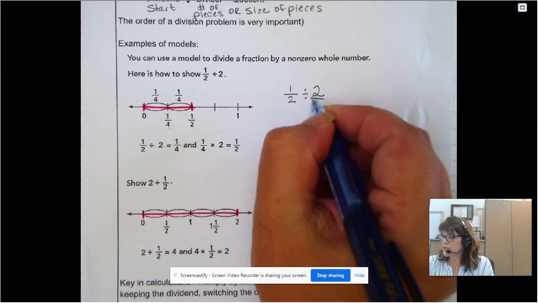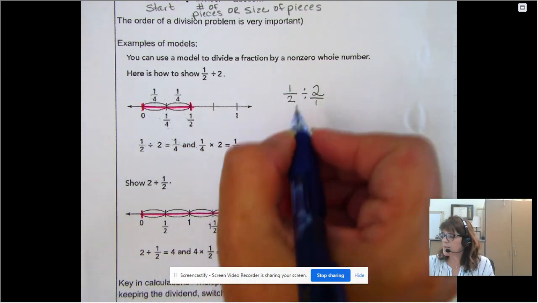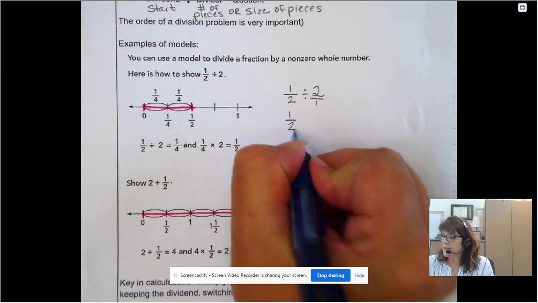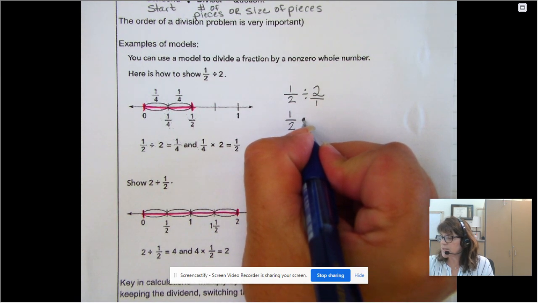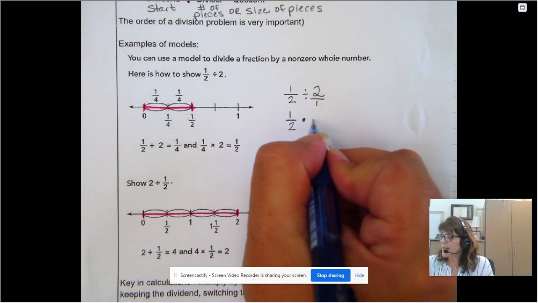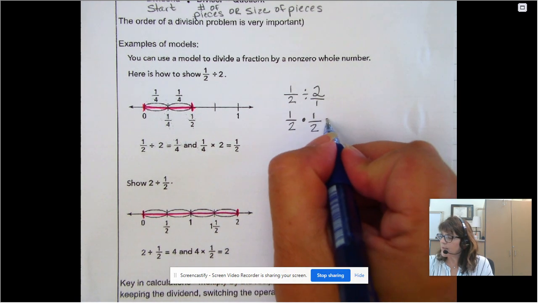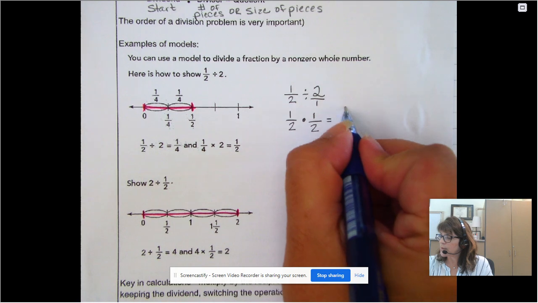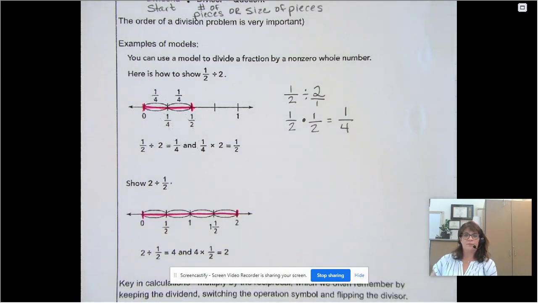Well, since this is 2/1, we're going to use a phrase that we use a lot called keep the dividend, change the sign or the operation from division to multiplication, and use the reciprocal. Flip the second guy. Now we can just multiply. 1 times 1 is 1. 2 times 2 is 4. 1/4. Okay.